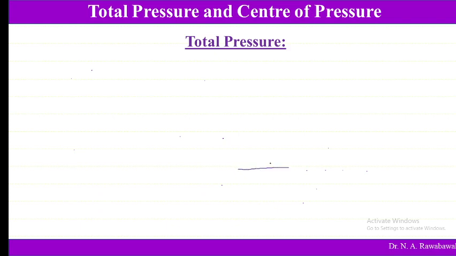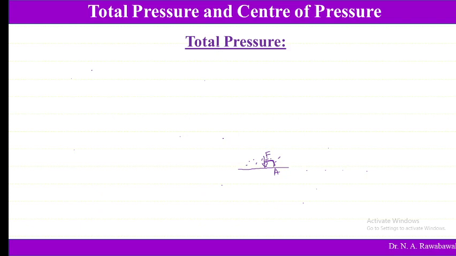Say, for example, this is the surface, and the fluid is kept above it. This fluid exerts some force on this area A. This force acts perpendicular, normal to the surface. That is the total pressure.